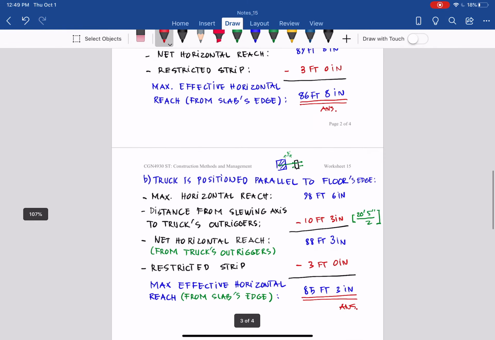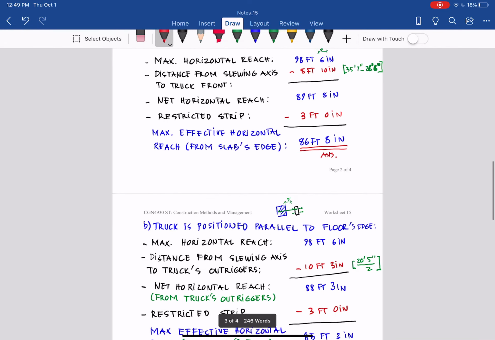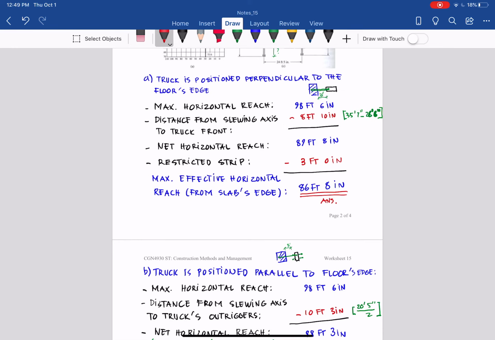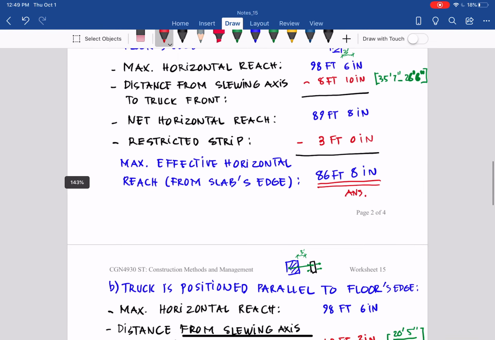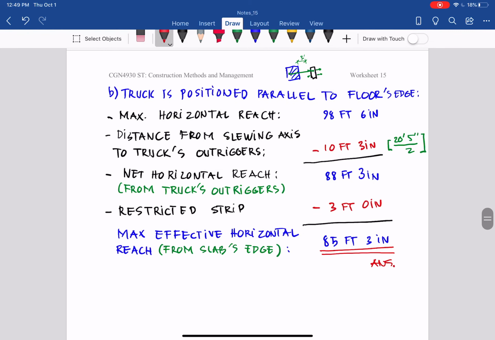So compared to the first scenario, with the truck in position perpendicular to the floor edge, it's 86 feet 8 inches. With the position parallel to the floor edge using the outriggers, the effective horizontal reach is 85 feet 3 inches. So a little bit shorter, as you can see.